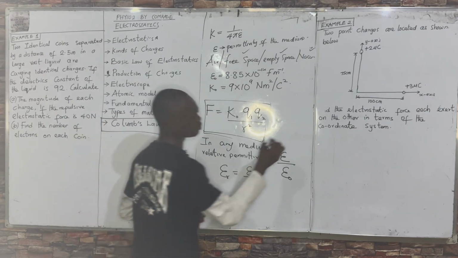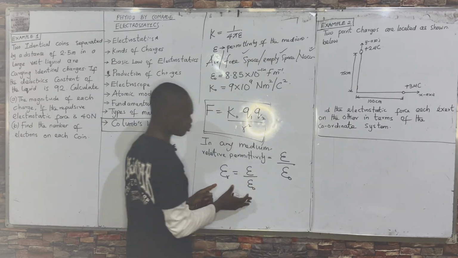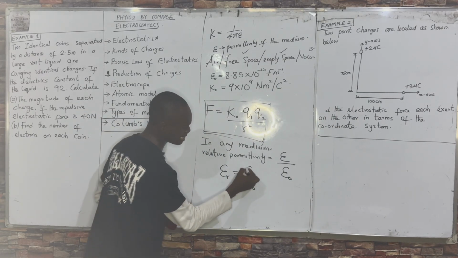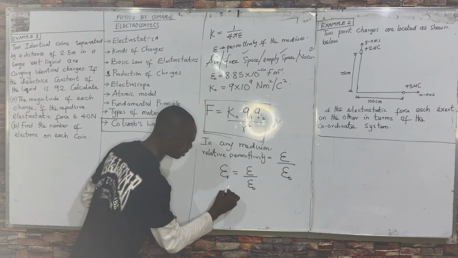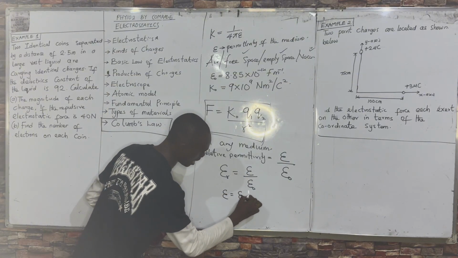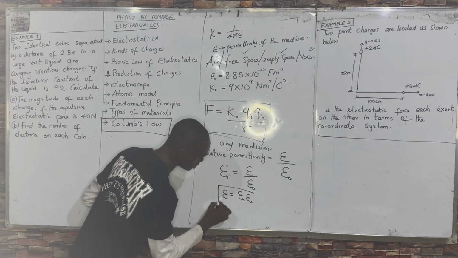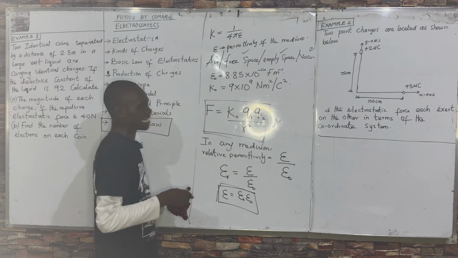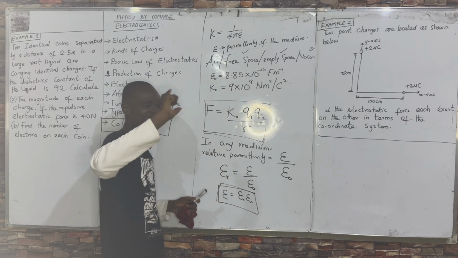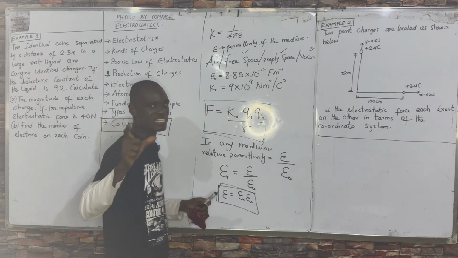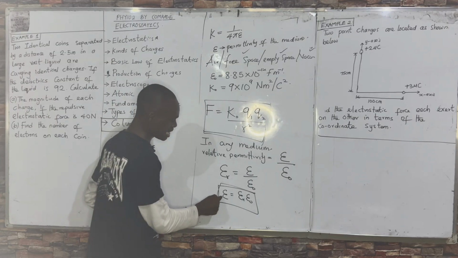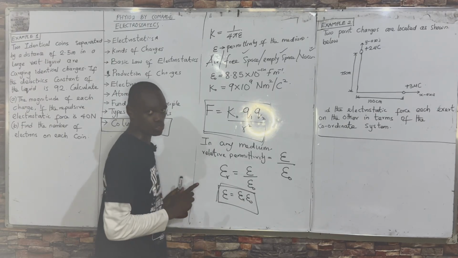And if that is true, it means that if I make E the subject of the formula, E becomes ER E naught. This formula I should not forget: if the charges are interacting in any other medium aside from air, E becomes ER E naught.